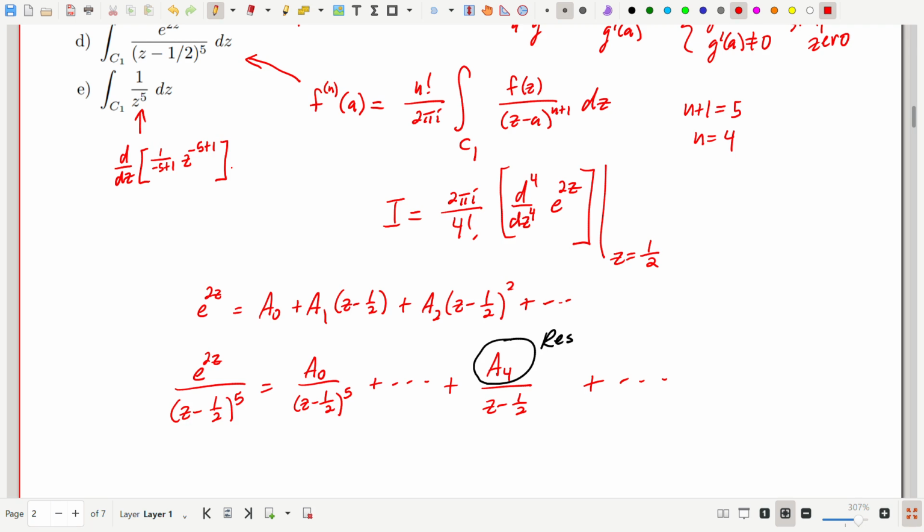And so when you integrate a derivative of something around a closed curve, you get 0 by the fundamental theorem of calculus. I just wanted to review as many things as I could in one problem. But also the residue theorem: that is a Laurent expansion, there's no residue term, and so the residue theorem would say it's 0.